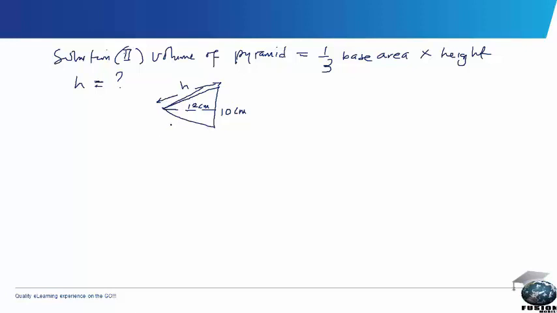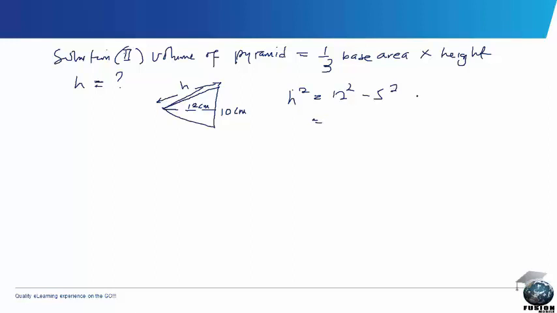We have to use the Pythagoras theorem, which states that from this point h squared is equal to 12 squared, sorry, before I use 12 squared, minus 5 squared, by Pythagoras.